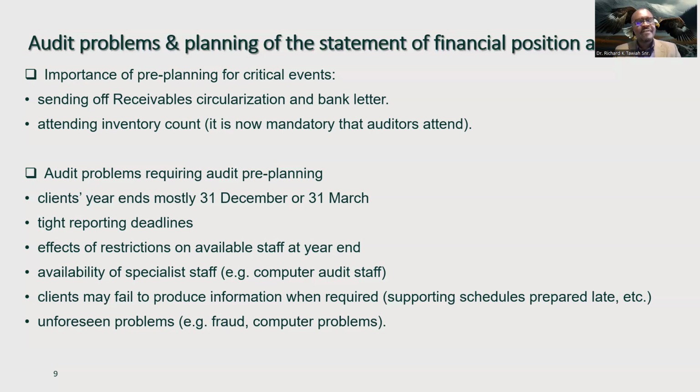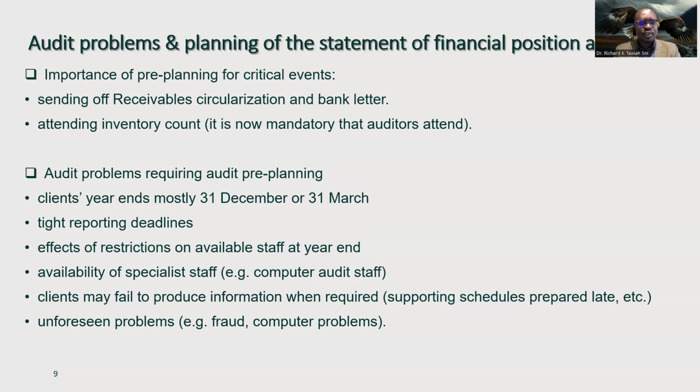So you can imagine if most of your clients have year end on 31st December, you need to get a number of auditors to go and do the counting, the test count, okay, the observations. And again, tight reporting deadlines, because sometimes the Companies House or the regulators would want you to publish your report within the next 6 months or 5 months or 3 months after your year end. So it gives you some pressure on the auditors to do some quick job.